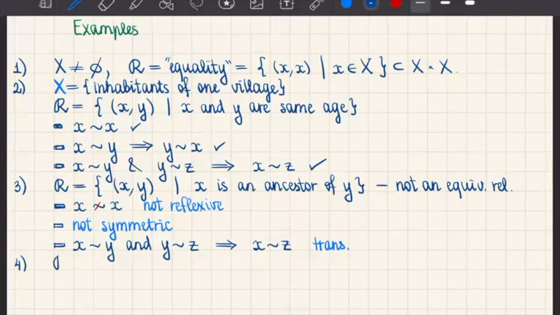And again, let's consider blood relations in the same village. Let's say that x and y are related if they share a parent.